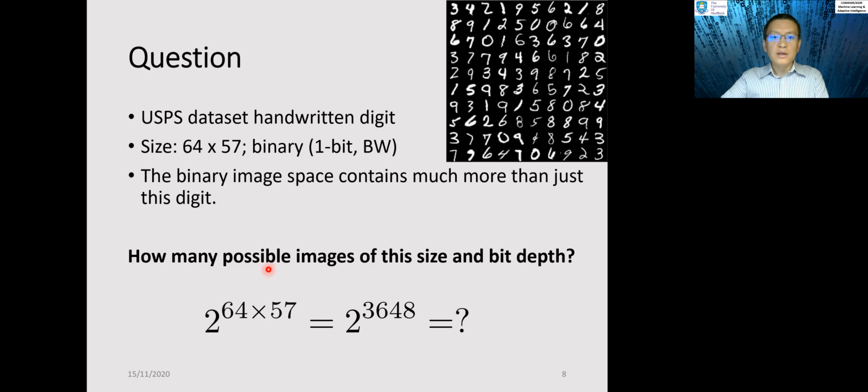In this image space of size 64 times 57, and each pixel has only 1 bit, that is 2 possible values, there are 2 to the power 3,648 possible images. You may put this into your calculator, and it is basically infinity.